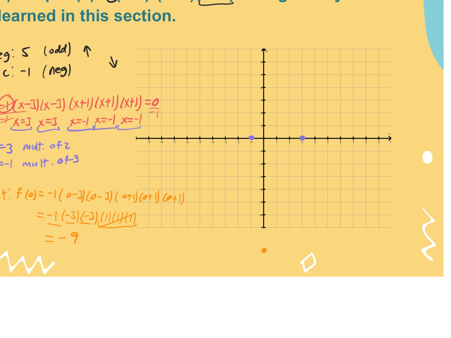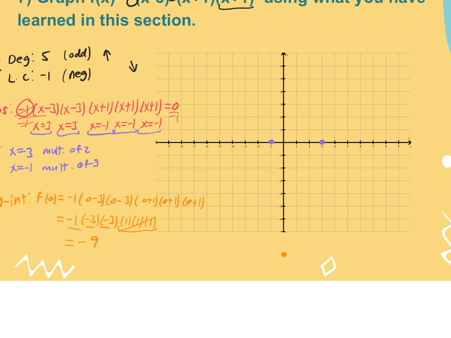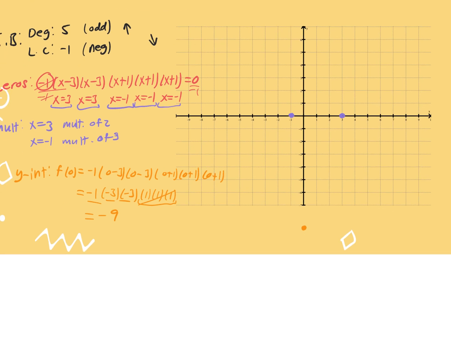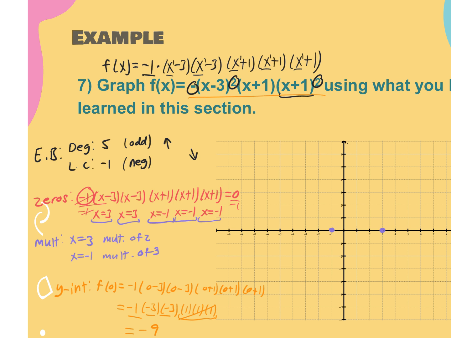All right, and we can maybe pick another point, just to see exactly where it goes. As always, we can pick 1. So I'm going to pick f of 1. And that's going to get us -1 times (1 - 3), (1 - 3), (1 + 1), (1 + 1), and (1 + 1). You can plug it into the original if you're okay using the exponents.